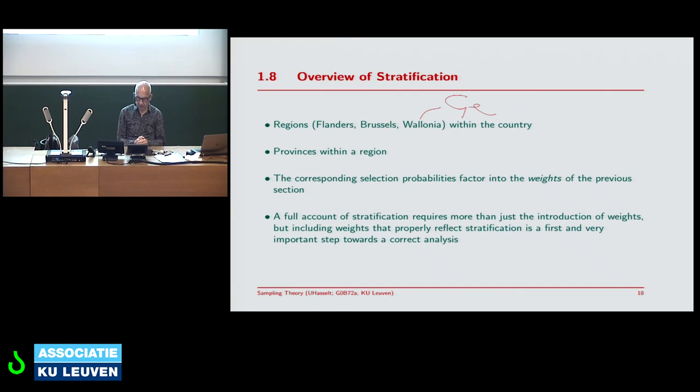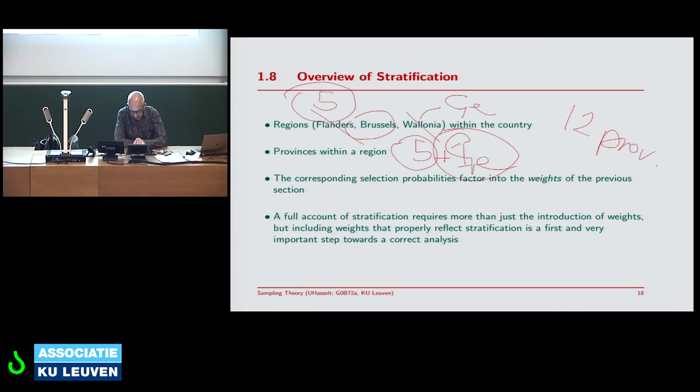The provinces are the second-level regions, which actually means that Flanders is replaced by 5 Flemish provinces. Brussels stays the way it is. Wallonia is replaced by 5 Walloon provinces, minus the German community, plus then the German community. I write it like this. So we have 5 plus 1 plus 5 plus 1 is 12 provincial entities.